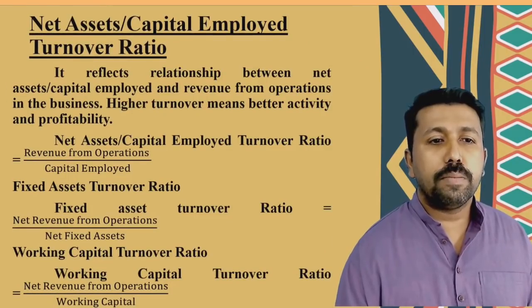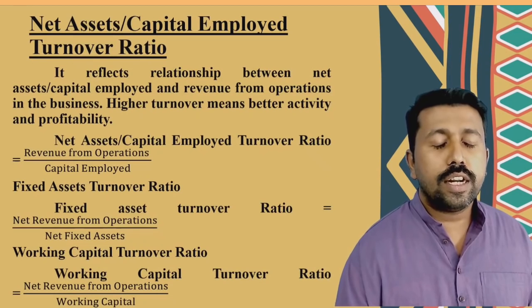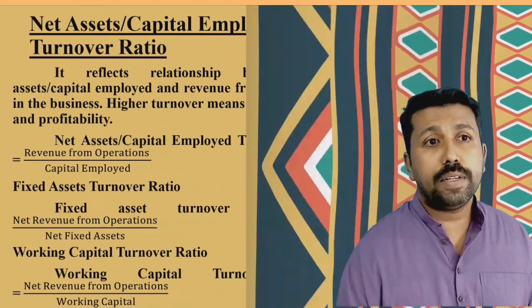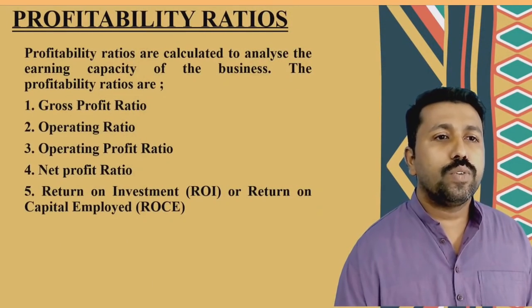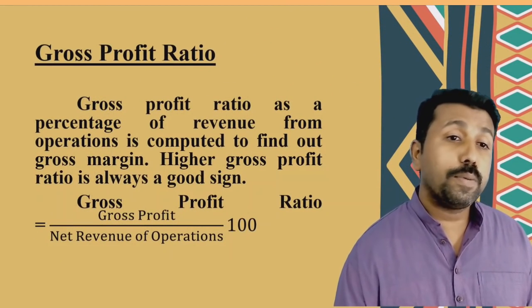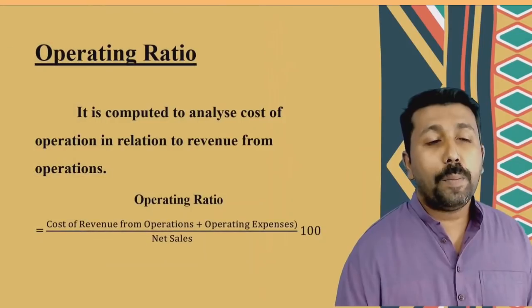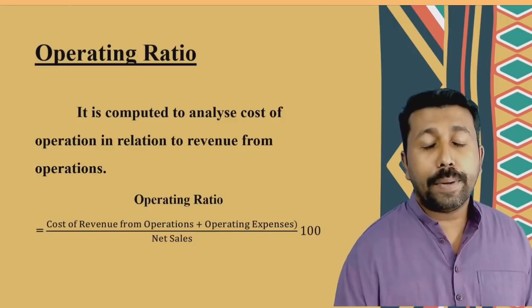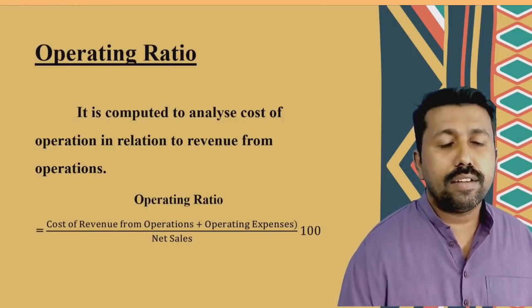And net asset to capital employed ratio. There we have to remember working capital turnover ratio: net revenue from operation divided by working capital. Then profitability ratios, we have to remember gross profit ratio: gross profit divided by net revenue from operation into 100. Then operating ratio is equal to cost of revenue from operation plus operating expenses divided by net sales into 100.